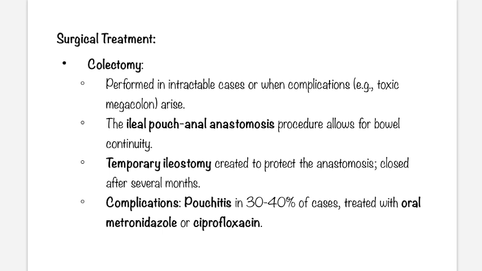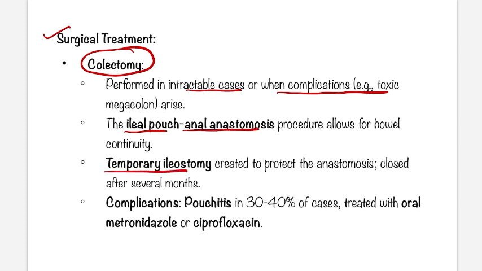Okay. Is there any surgical treatment for ulcerative colitis? Yes, colectomy. When colectomy is done in ulcerative colitis, it is done in intractable cases or when complications like toxic megacolon arise. Ileal pouch anal anastomosis is done. Temporary ileostomy is done.